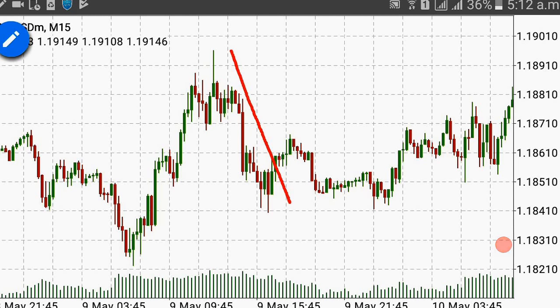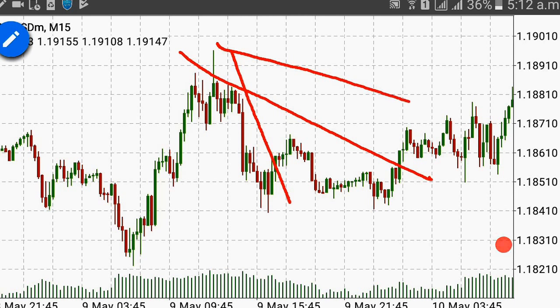Any pair trading below this angle, I consider a sharp selling trend. Then the second angle comes, which you can say is something like this, roundabout a minus 45-50 degree angle. And then the last angle is roundabout a minus 30-35 degree angle.